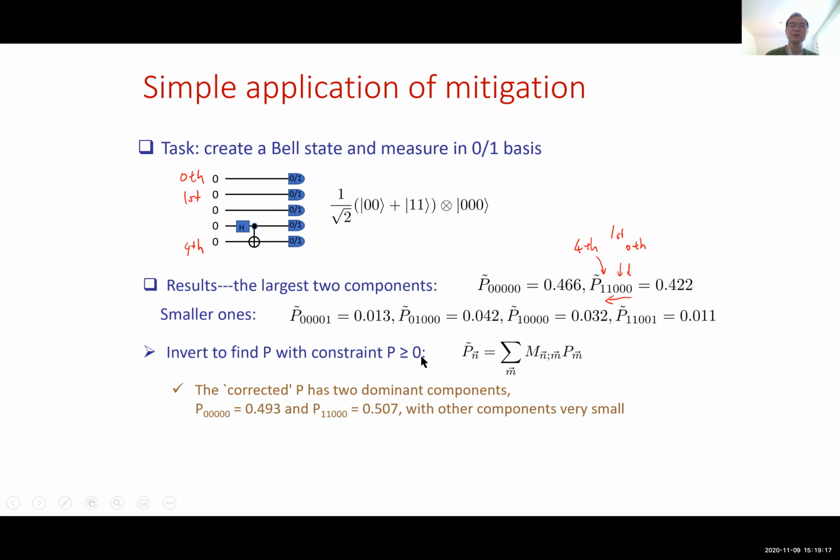Another way is that you don't impose a constraint: if you invert and the ideal probability distribution has a negative number, you just set that to 0 and renormalize. That would also be close to this. So that's just one application.